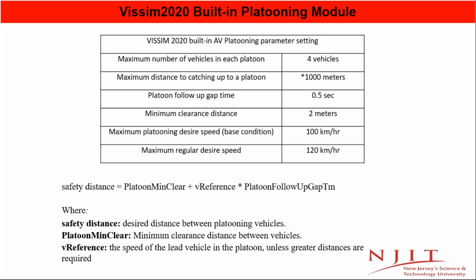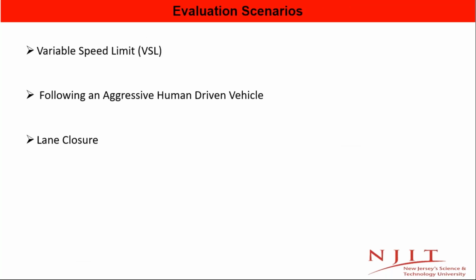So we set the maximum number of vehicles in each platoon to 4, the platooning following up gap to 0.5, and the minimum clearance distance to 2 meters. We also have the same parameters in the SMD model. And the safety distance has the same formula in the Vissim 2020 module, which is a function of vehicle speed.